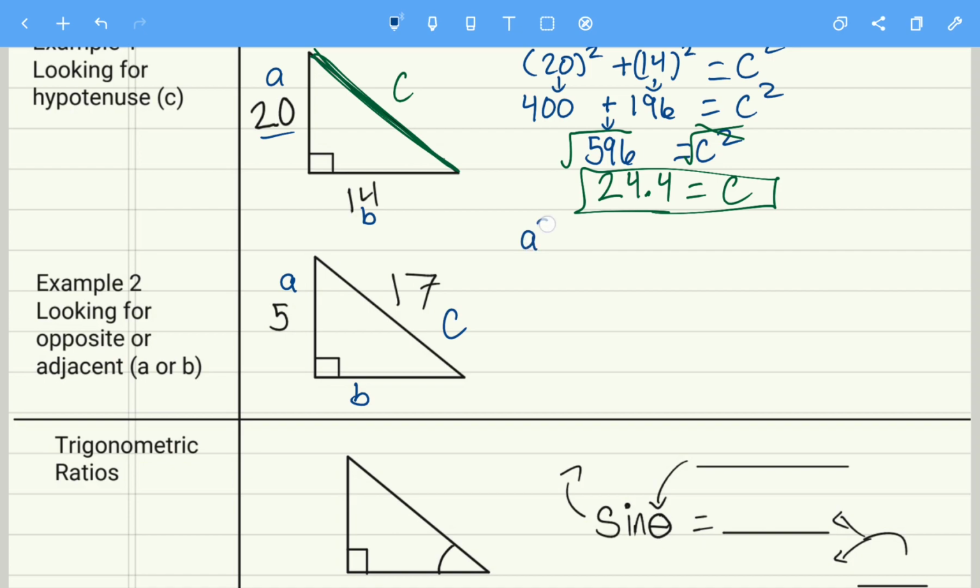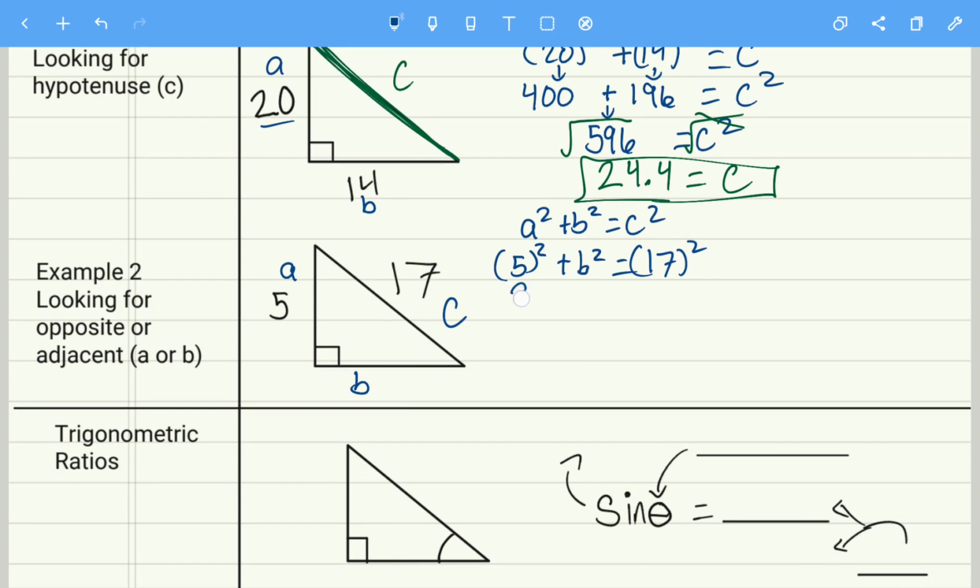So our formula is still A squared plus B squared equals C squared. A is 5, so we get 5 squared plus B squared, we don't know what B is, equals 17 squared. That gives us 25 plus B squared equals 289.